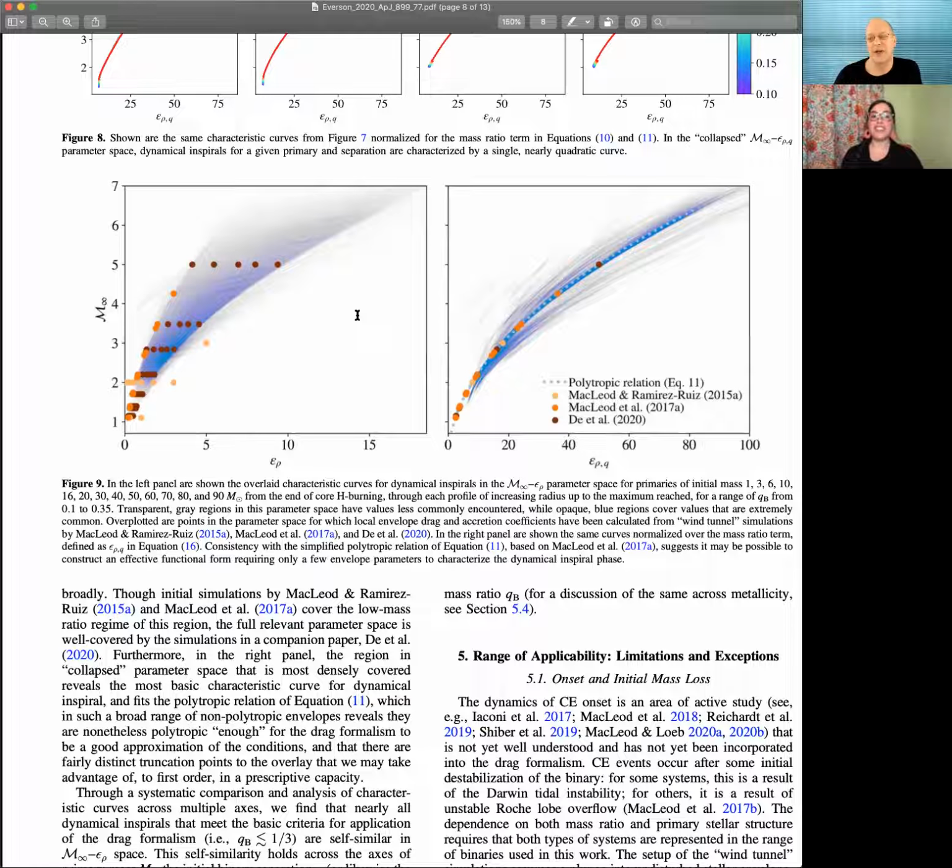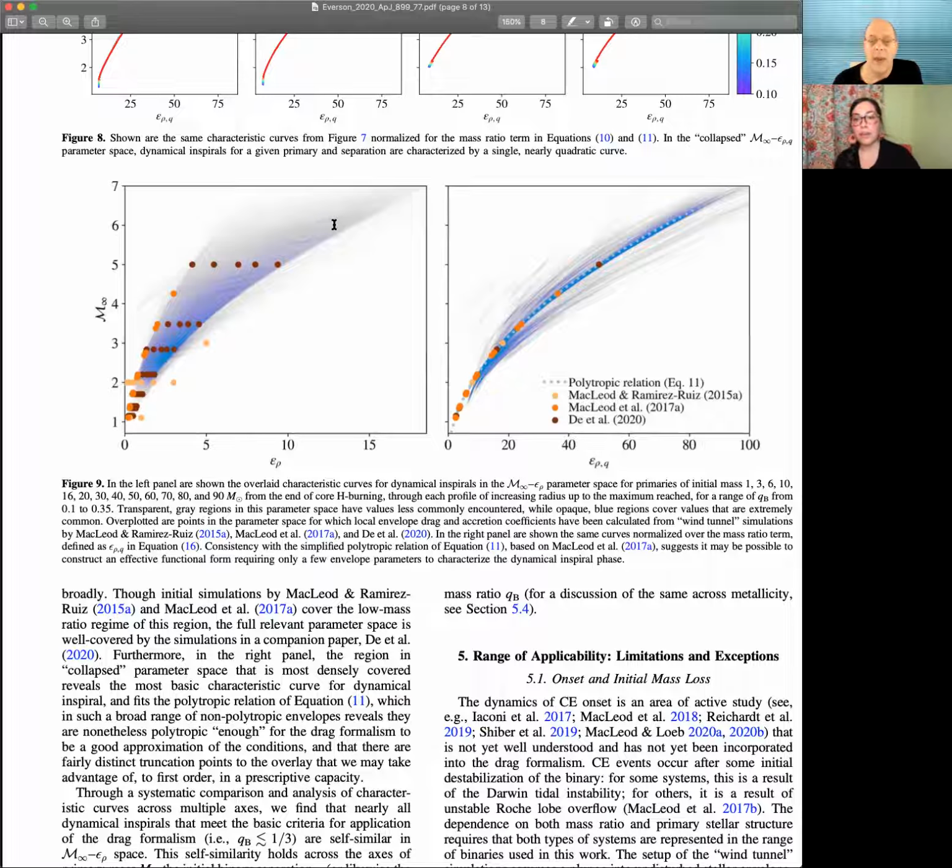So I would say the most intense blue is where you have a lot of concurrent characteristic curves, and where you see this sort of wispy gray feathering, you have a few characteristic curves that go in that region. So that's the best way to read this plot. So it's kind of measuring the density of the characteristic curves? That's right.